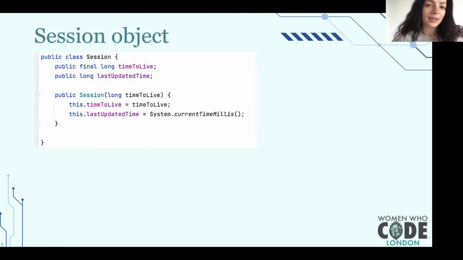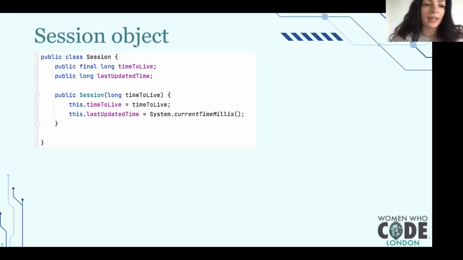So I would like to start with introduction of the object. The object is called session. Suppose that you have an application and a user connected to your application, and you have a session in this application and you want to track these sessions. This session has time to live and last updated time, like the last time it was updated.